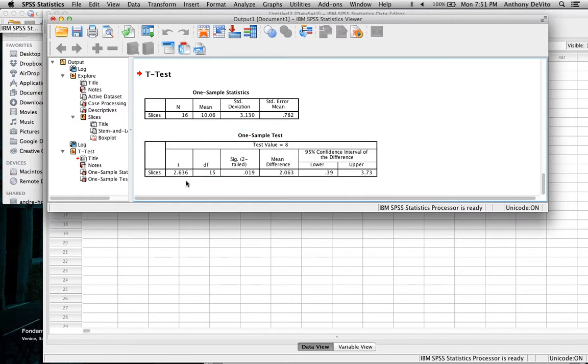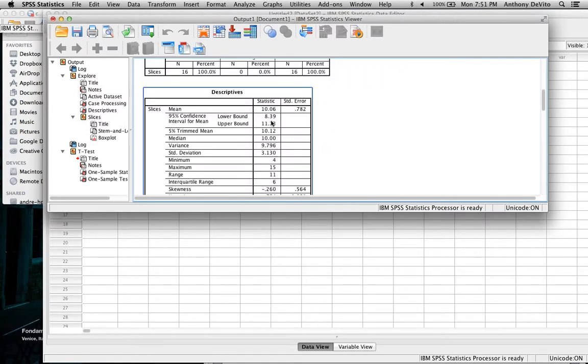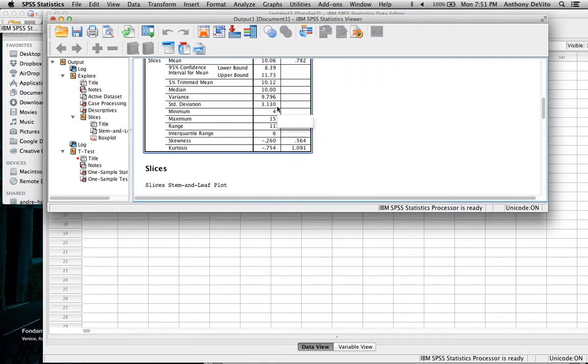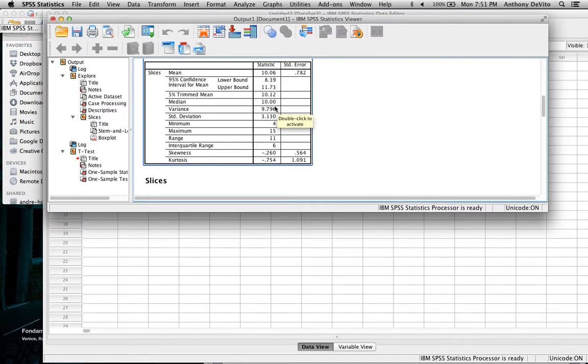So my t-value is 2.636. We could actually calculate that, right? We'd say, okay, 8 minus 10 point whatever it was, 10.1, divided by the standard error, which we would calculate as 3.1 over the square root of 16, which is 4, right?